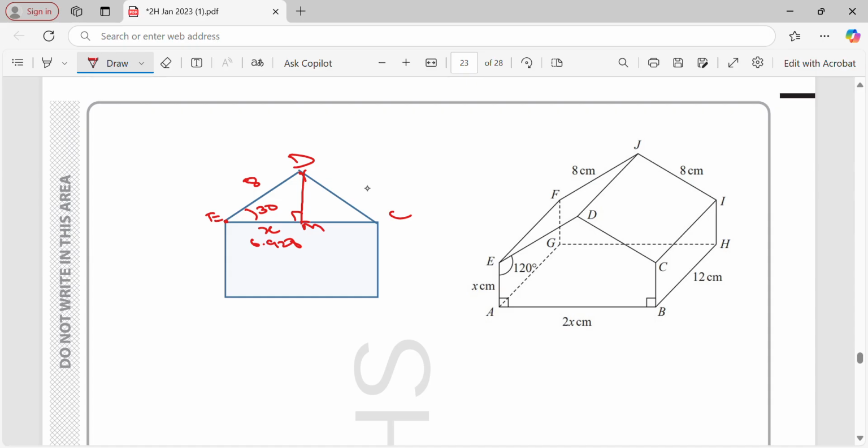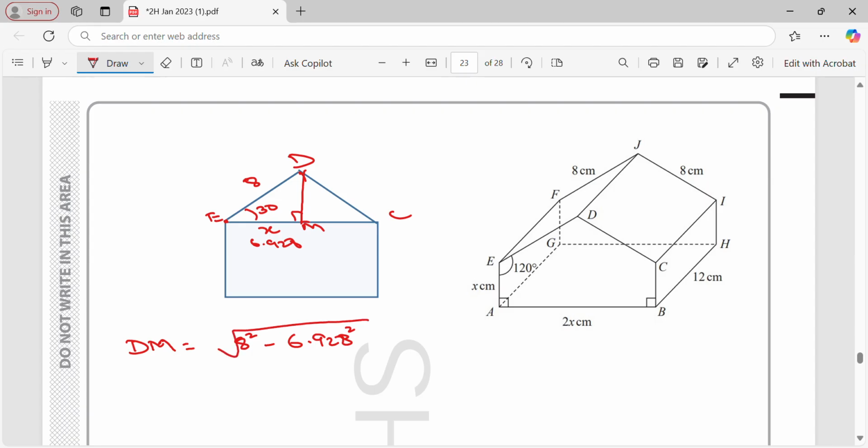So simple, we can use the Pythagoras theorem. I have to find out DM. So 8 squared minus 6.928 squared, and a square root.